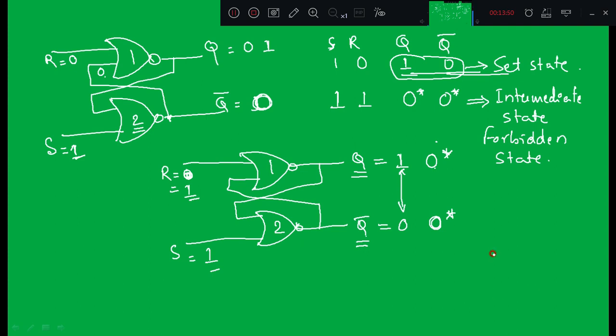Similarly, next we will see a second kind of latch, which is called the S bar R bar latch. In the previous slide we saw the SR latch, which is made up of two NOR gates. Now I am going to build this S bar R bar latch using NAND gates.